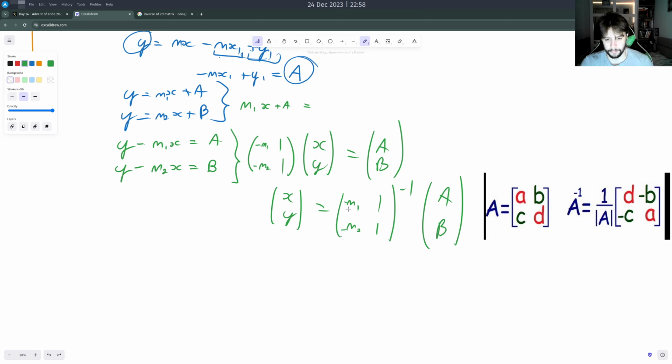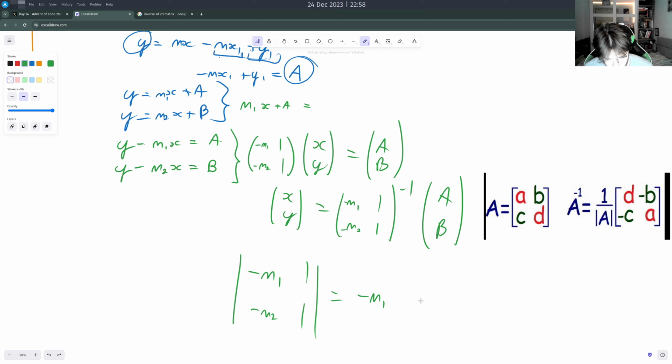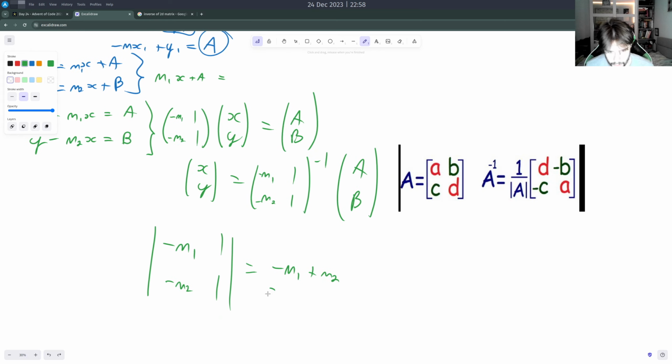Basically we take the determinant of this, which is going to be minus m1 minus m2, so plus m2. So that's just m2 minus m1.